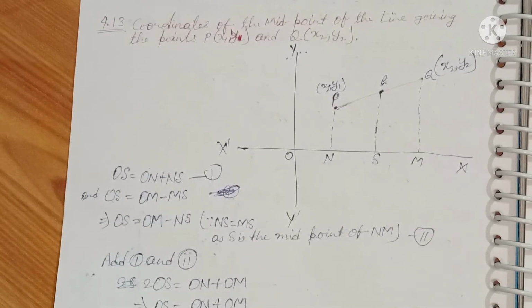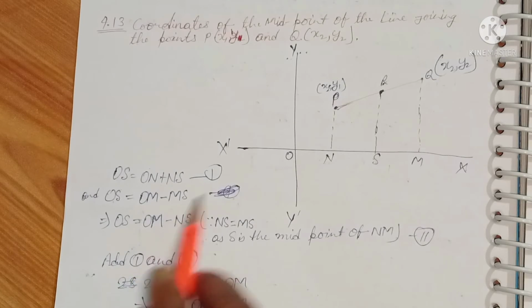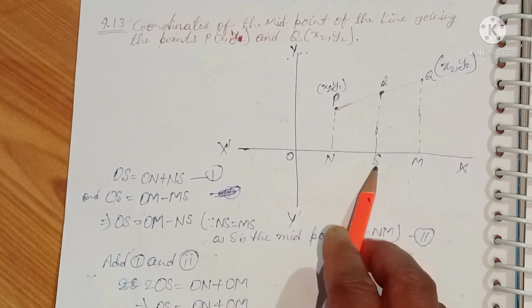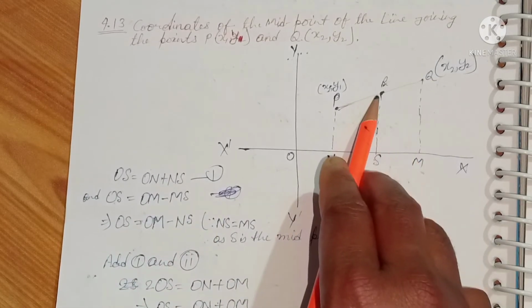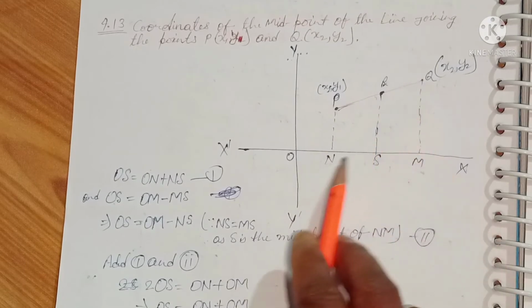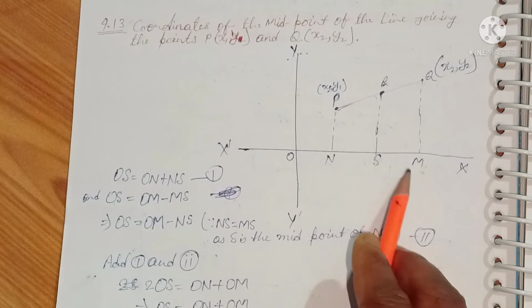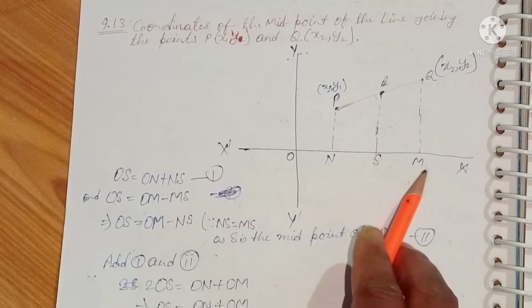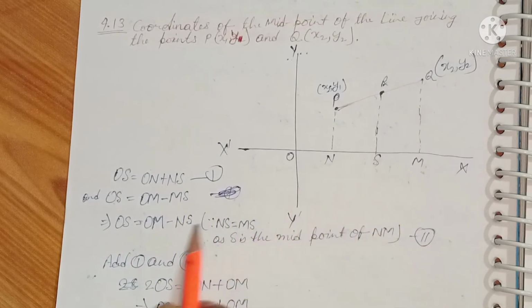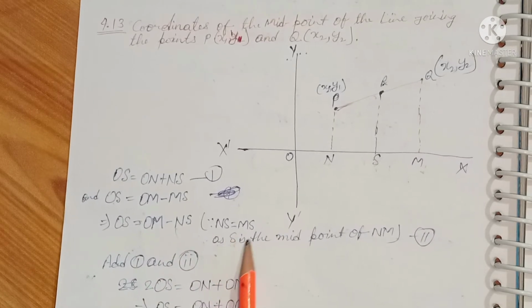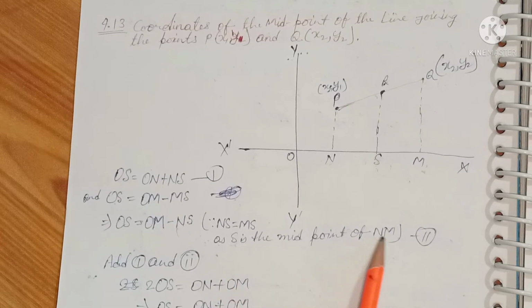Then after that you can see here, since NS equals MS, why? Because R is the midpoint of PQ, so S will also be the midpoint of NM. So in place of MS we can write NS, and the reason is that NS equals MS, as S is the midpoint of NM.